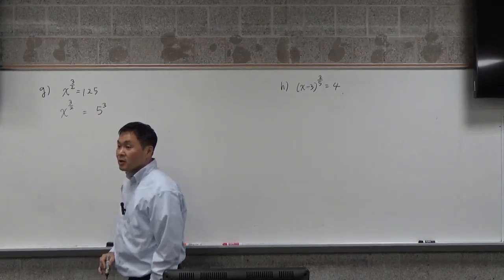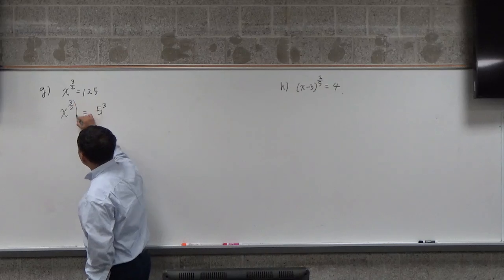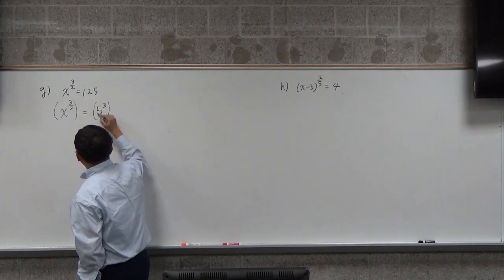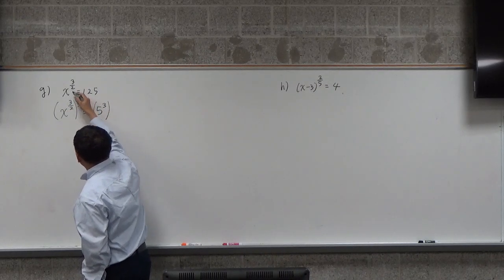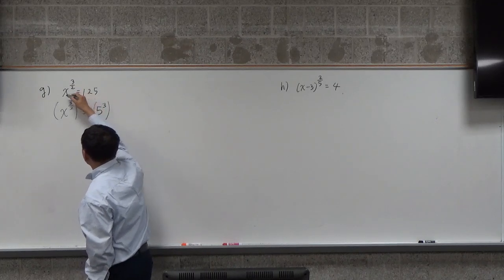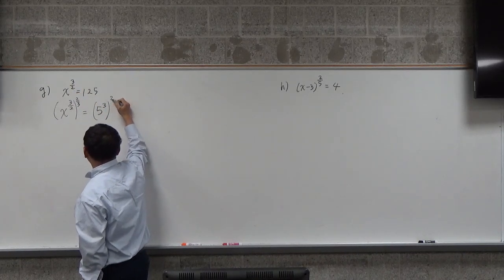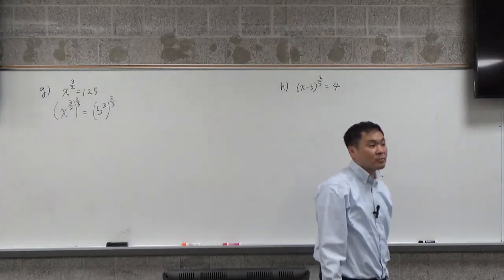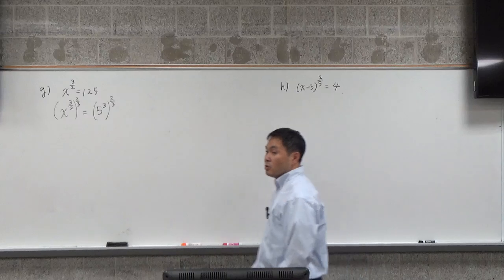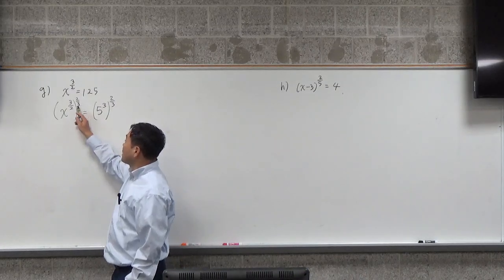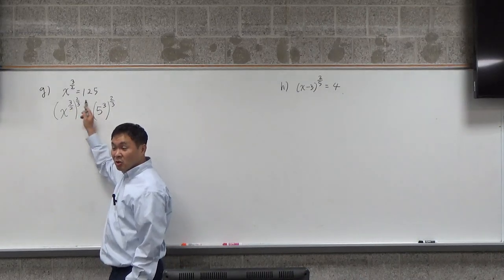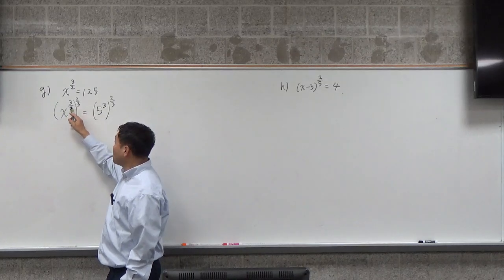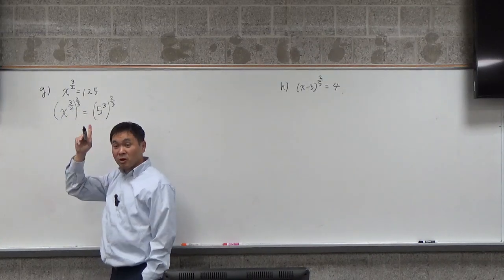Okay? And then you want to exponentiate both sides by the reciprocal power of what you see on the top of x. So we're going to exponentiate both sides by 2/3. Now, we know that if you have an exponent outside and inside like this, those two multiply, right? But if you multiply any number to its reciprocal, it's just 1.